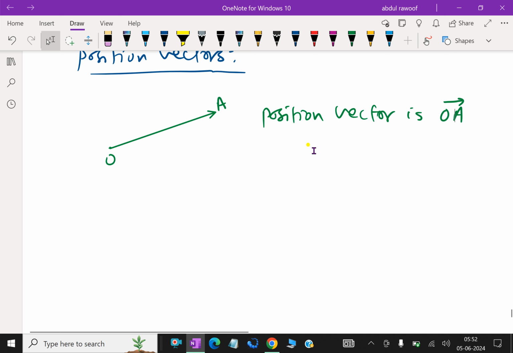Or we can say this in terms of A with thick letters, and also you can say vector A. Mostly in these videos we use the arrow mark. This is the position vector. The position vector of A is OA.